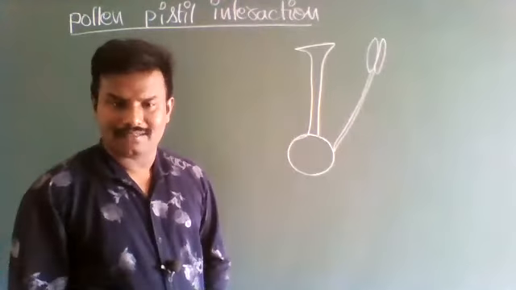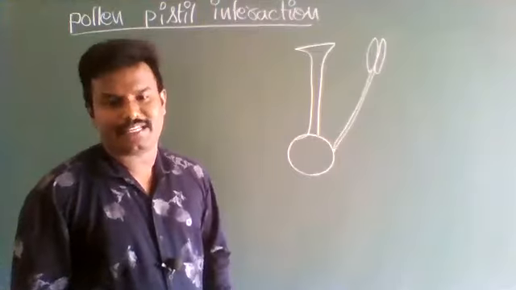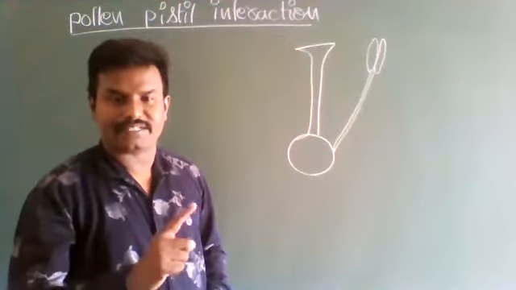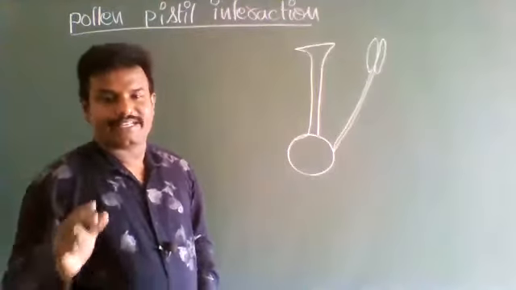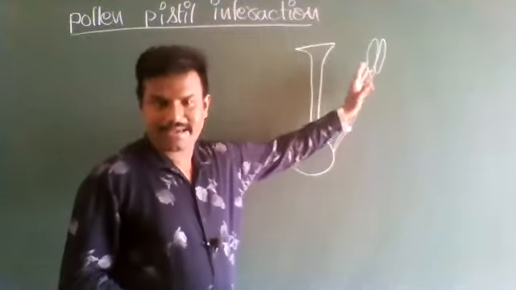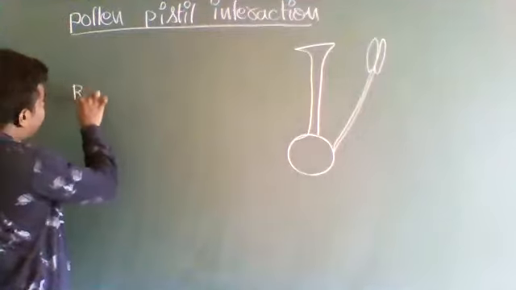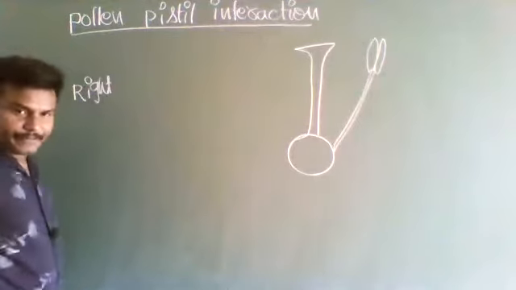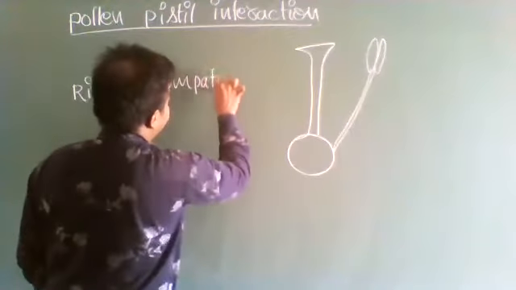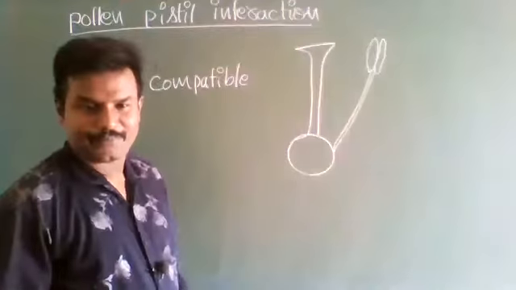It does not guarantee that the transferred pollen grains are always the right type. Whatever pollen grains are transferred, there is no guarantee that compatible pollen grains will land on the stigma.